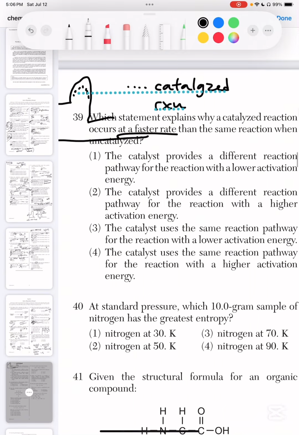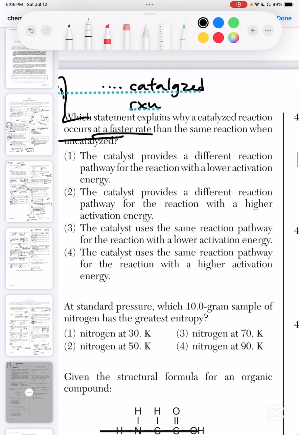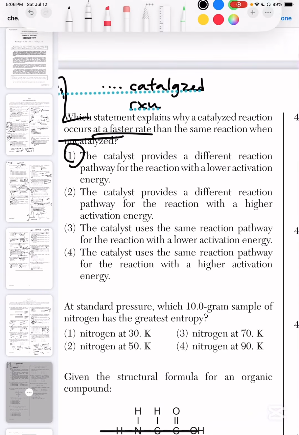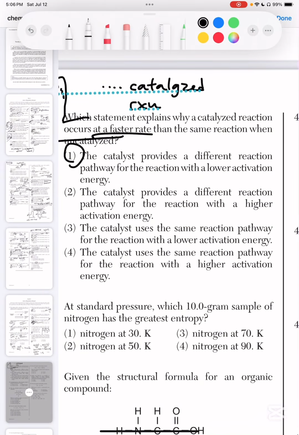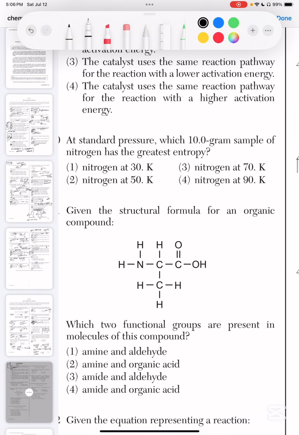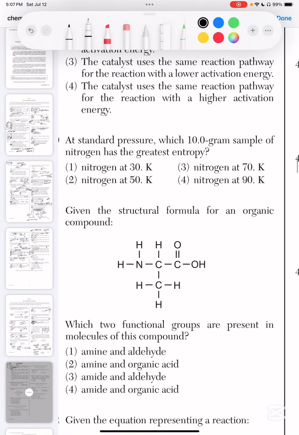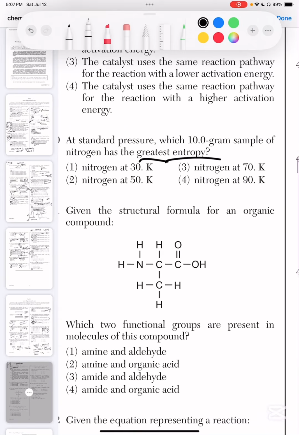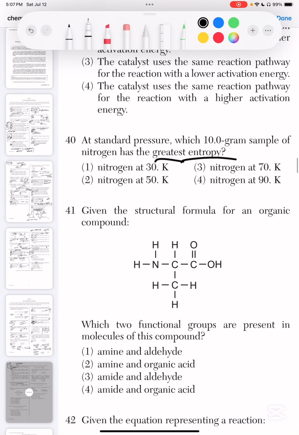So your answer choice, you can just pick one, because it says that the catalyst provides a different reaction pathway, lower activation energy. At standard pressure, which 10-gram sample of nitrogen has the greatest entropy? Since this is all nitrogen, you would just pick the one at the highest temperature, because at high temperatures, particles move at a faster speed.